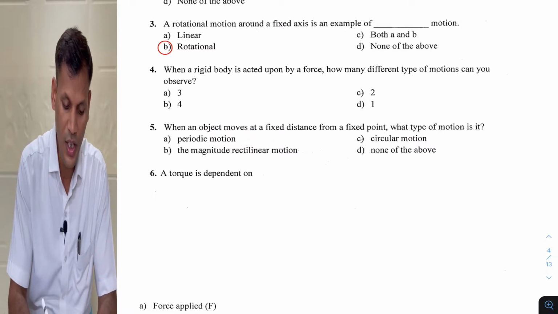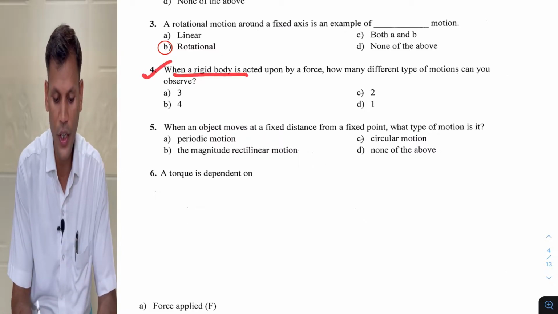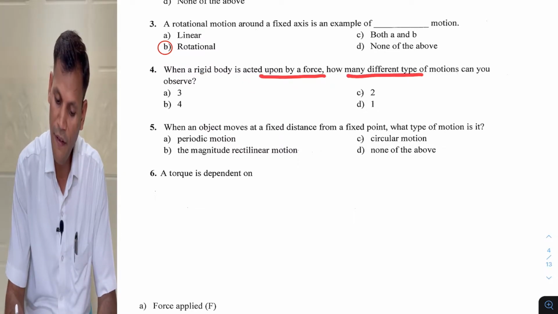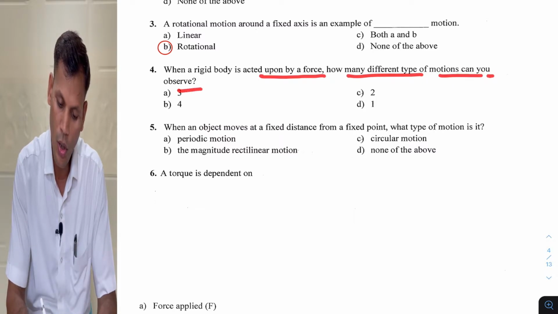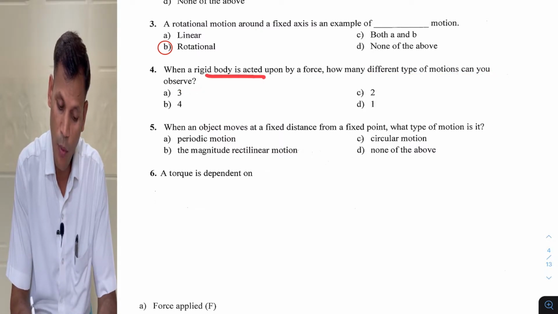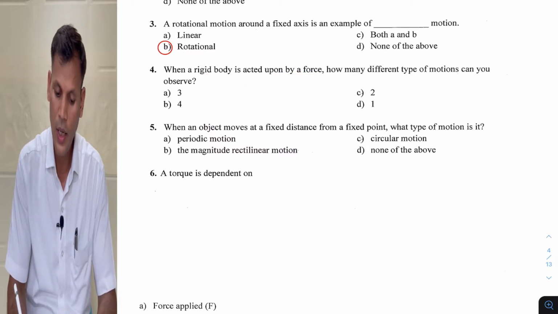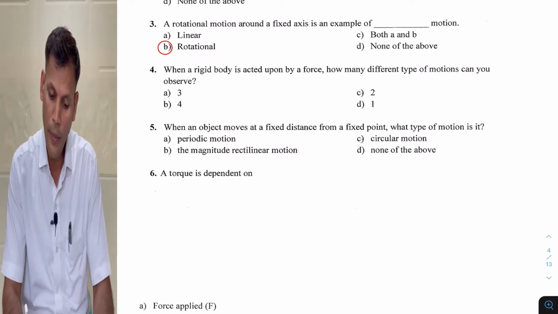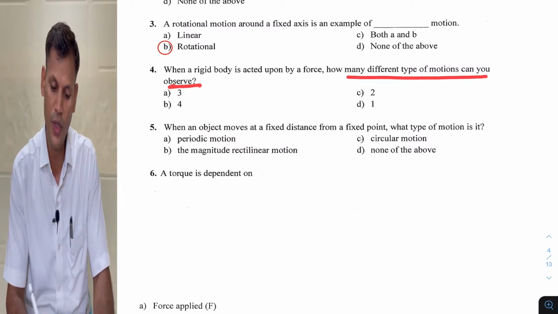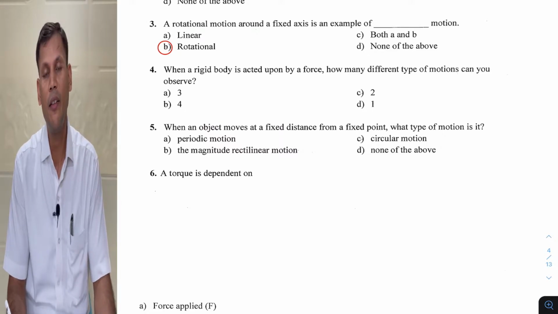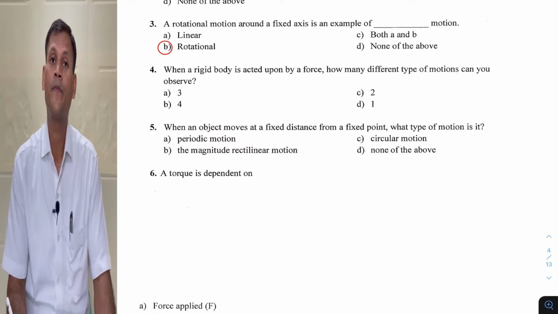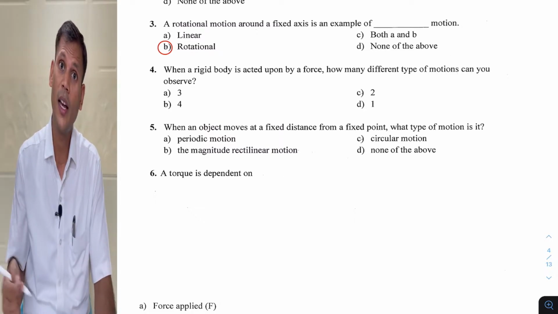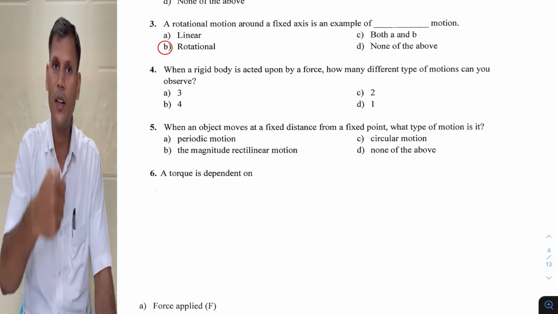Now next is question number 4. When a rigid body is acted upon by a force, how many different types of motion can you observe? When a rigid body, meaning one end is fixed, is acted upon by a force, how many different types of motion can we observe? Two kinds of motions may be there. One is rotational, like the example of the door. As we push the handle, it starts to rotate.